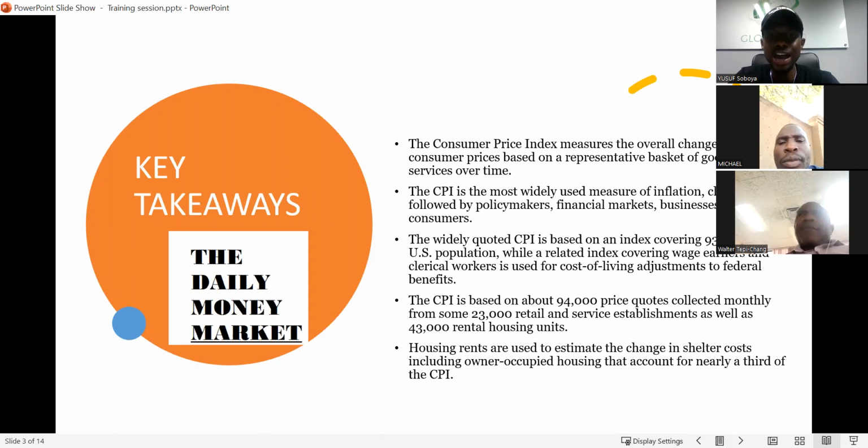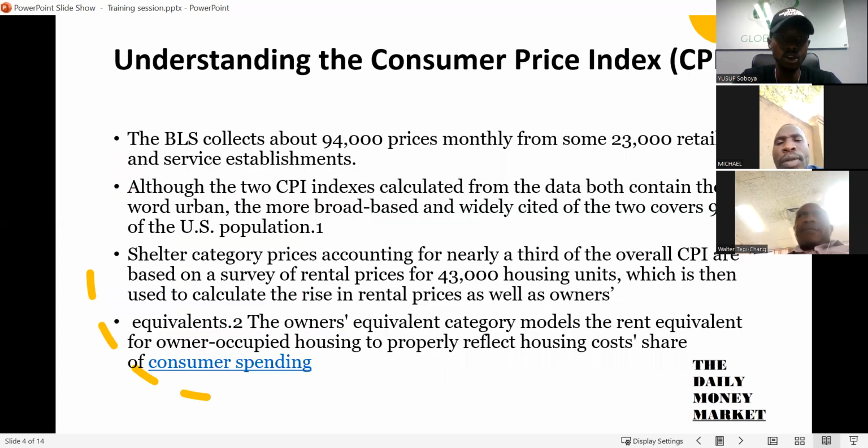The housing rents are used to estimate the change in shelter cost, including unoccupied housing, which accounts for nearly a third of the CPI. Right. So to understand the Consumer Price Index, the BLS, the Bureau of Labor Statistics, collects about 95,000 prices monthly from some 23,000 retail and service establishments.